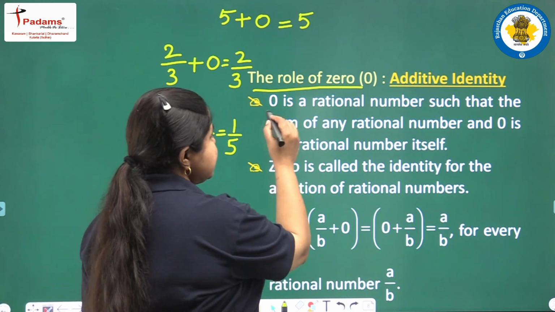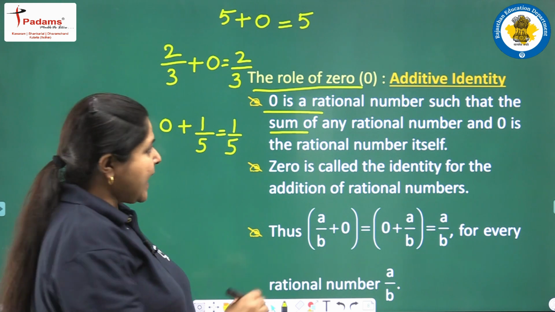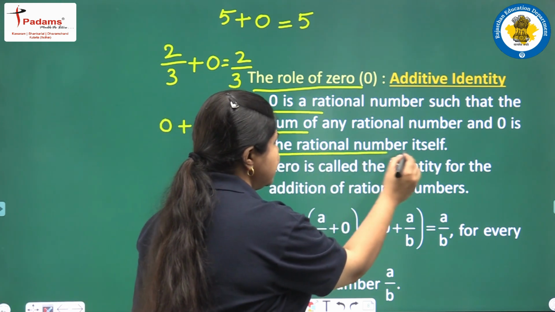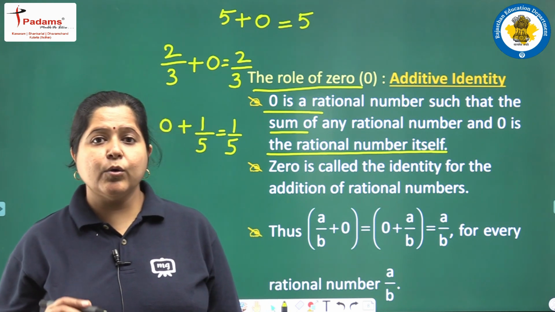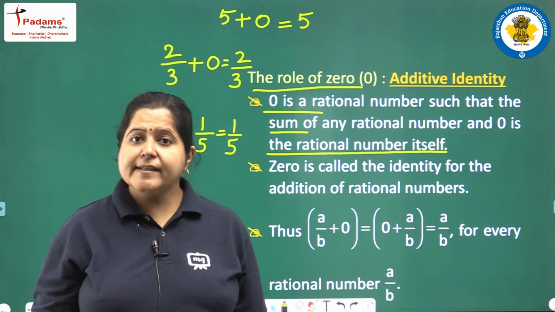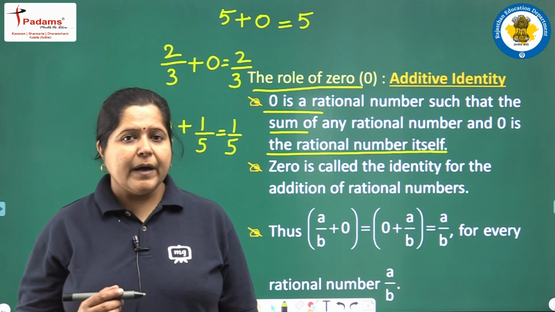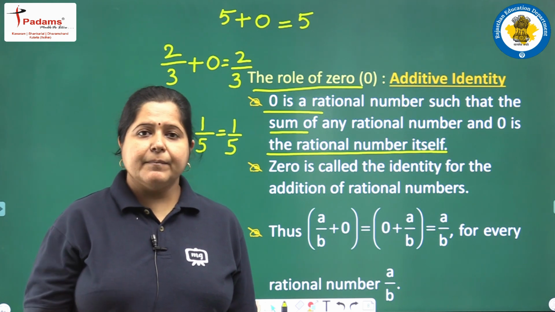That 0 is a rational number such that the sum of any rational number and 0 is the rational number itself. This means 0 is playing the role of an identity. What is an identity? An identity element is a number by which we operate any number. We get the same number back.